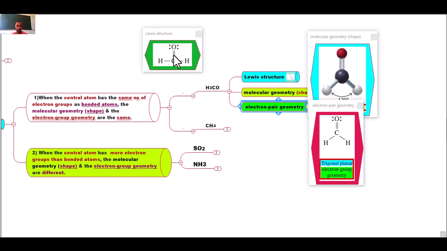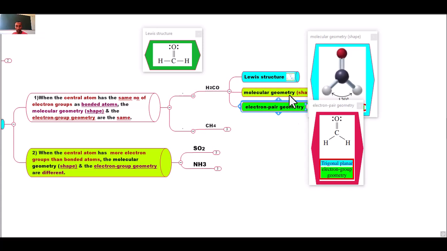This double bond can be considered as 1 electron group. We have 3 electron groups here, and this is the same as the number of atoms that surround the central atom. We have 1, 2, 3 atoms, 2 hydrogen and 1 oxygen. So if there is an equal number of electron groups and atoms that surround the central atom, then the molecular geometry and the electron pair geometry are the same.